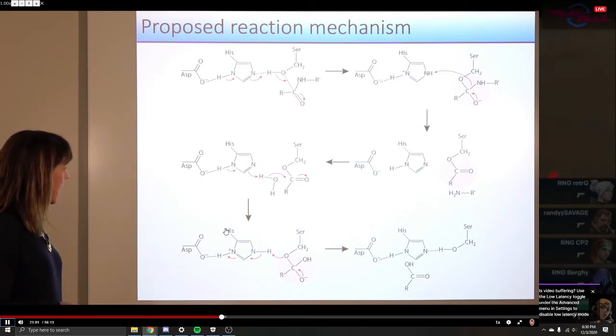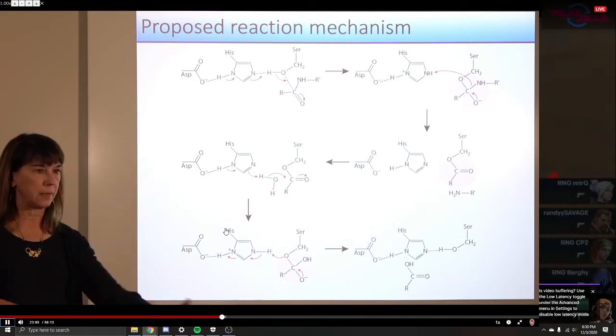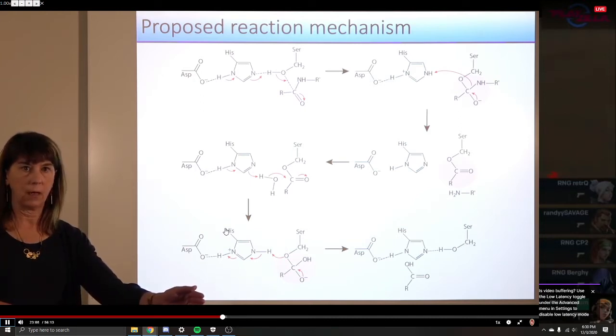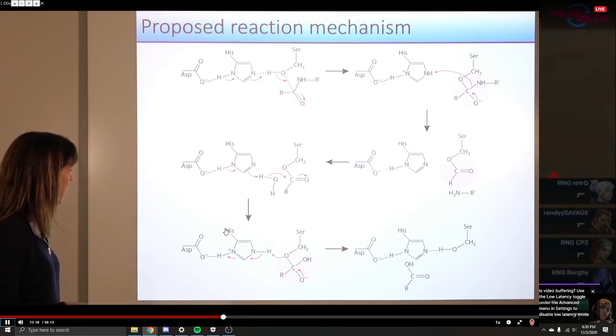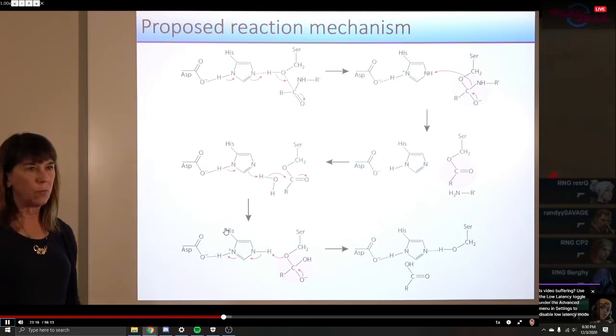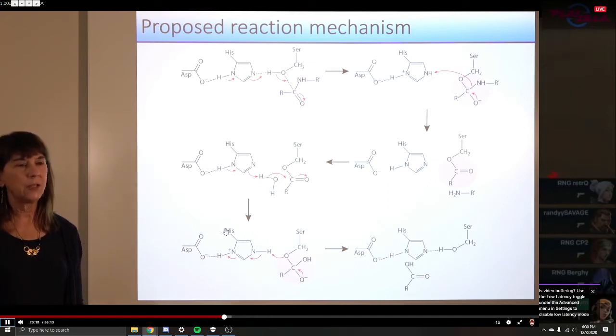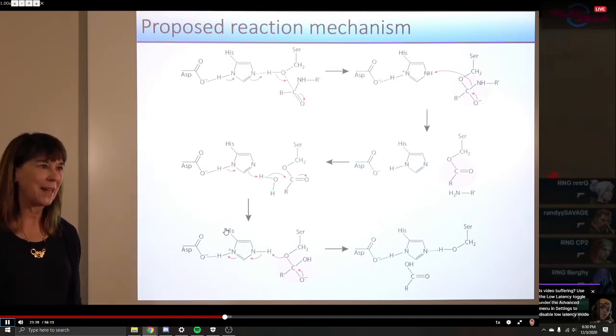And how are you going to get that tetrahedral intermediate to collapse? Well, this serine group that's now holding on to the substrate isn't going to leave unless you protonate it. So this bond has to get protonated here. And now you've reset your catalytic triad and you've broken the peptide bond. And it's fascinating. When you think an uncatalyzed cleavage of a peptide is 300 to 600 years, it's remarkable how these enzymes do this.